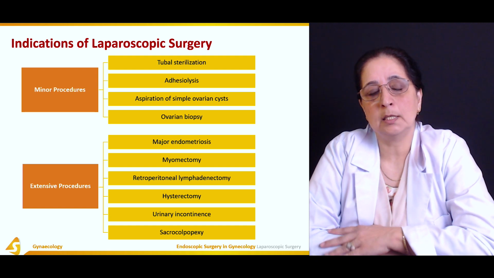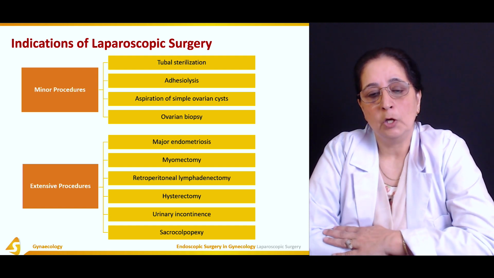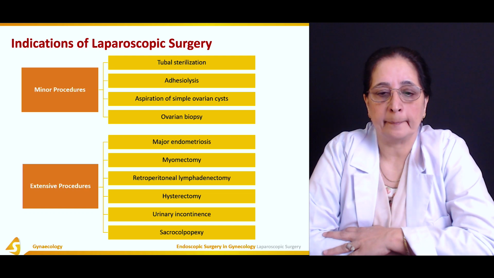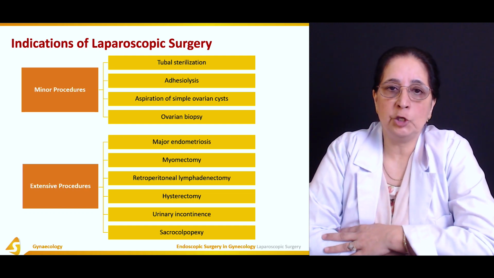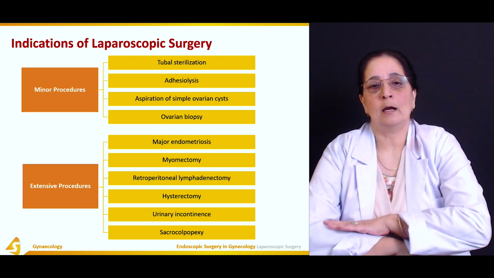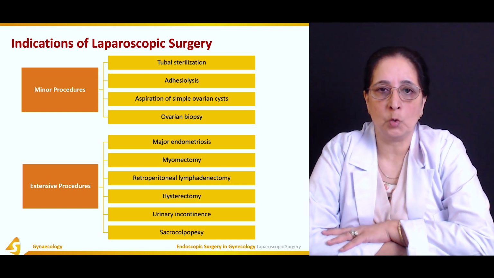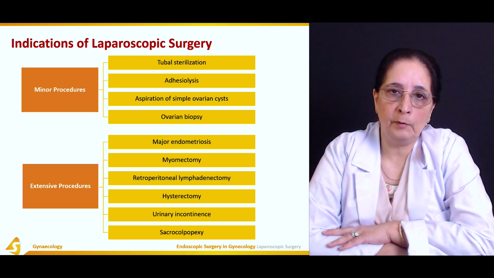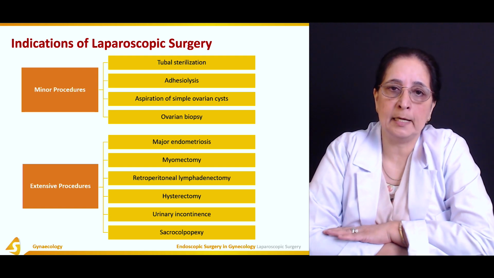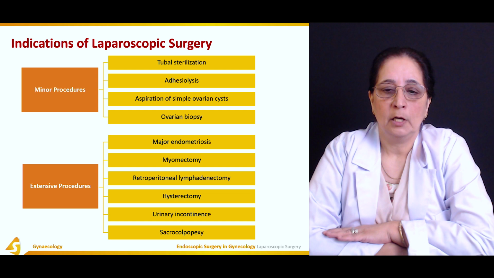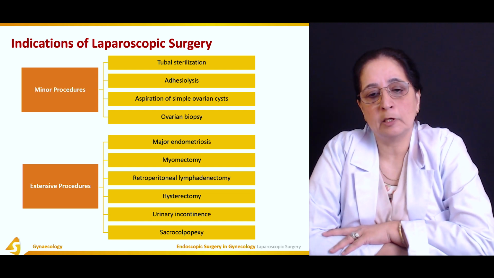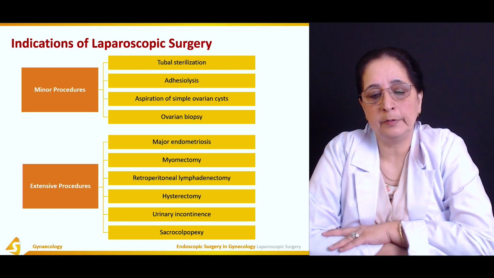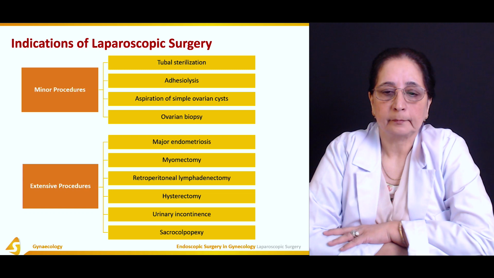Retro means behind. So behind the peritoneum, if there is enlargement of the lymph nodes or involvement of the lymph nodes by any metastasis, those can be removed by laparoscopic surgery. Lymphadenectomy is the removal of the lymph nodes.